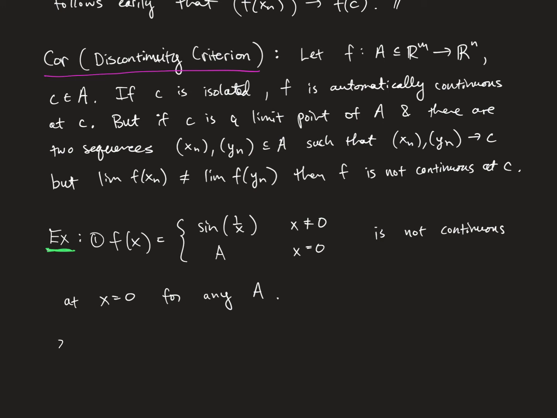So that's sort of 1, and then 2, if we look at the indicator function of the rationals, which, recall, is equal to 1 if x is in the rationals, but 0 if x is in the complement of the rationals. This is discontinuous everywhere.